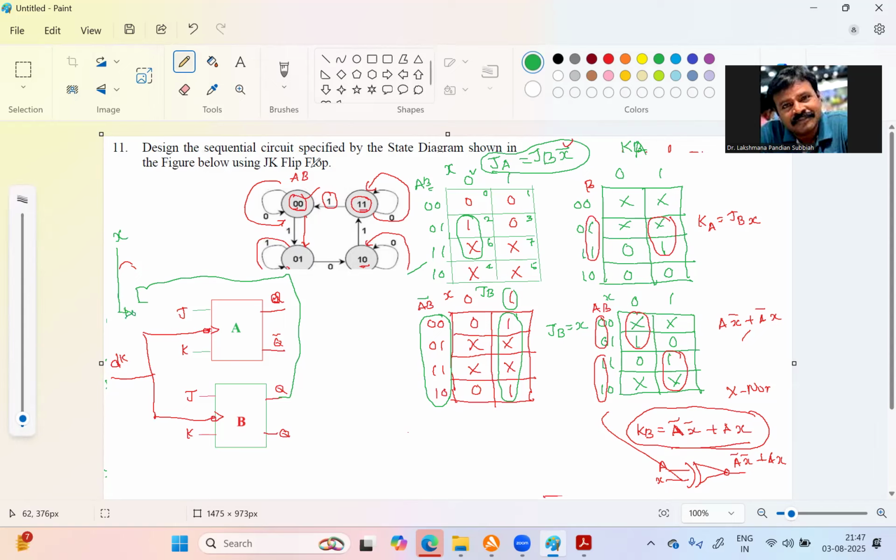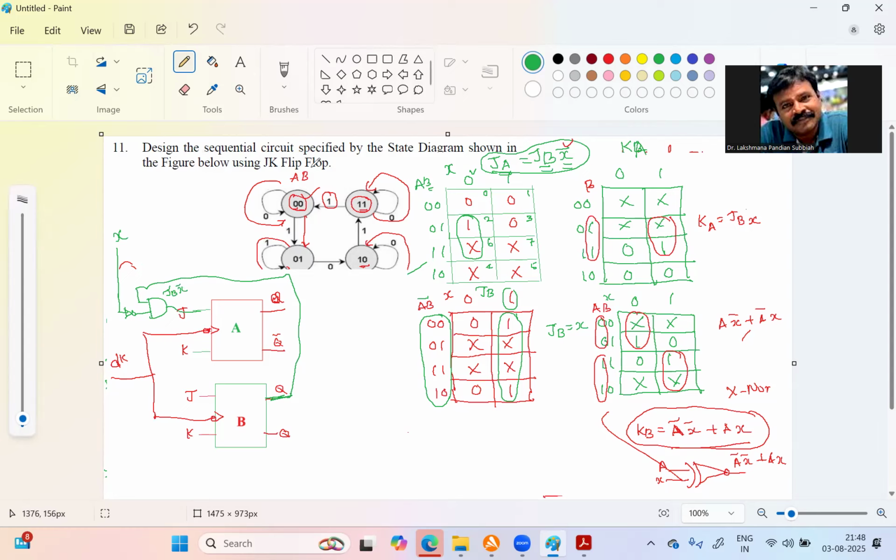So not JB X bar, you put that in J. So this is JA equal to JB X bar. So the output JB, and you take that one, and you are getting this one as JB X bar. So this is the input for this one, right?